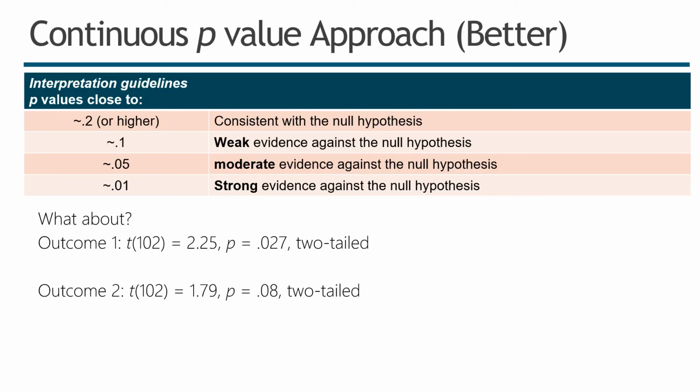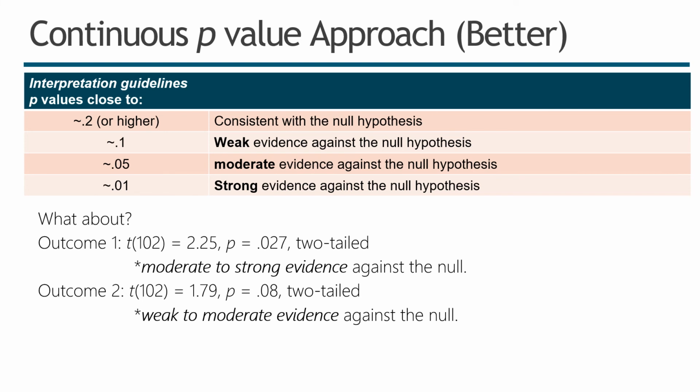But how would this continuous p-value approach have you deal with p-values that fall in between these interpretation guidelines? For example, in outcome 1, the p-value is 0.027, which falls right between 0.01 and 0.05. And in outcome 2, there's a p-value of 0.08, between the guidelines of 0.05 and 0.1.